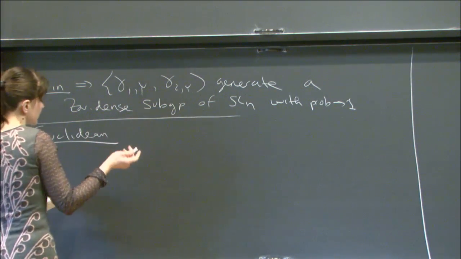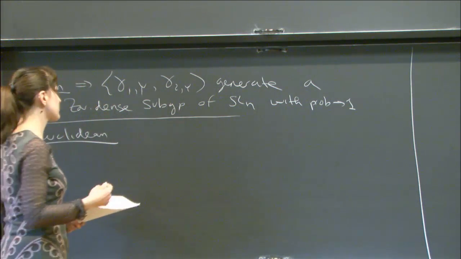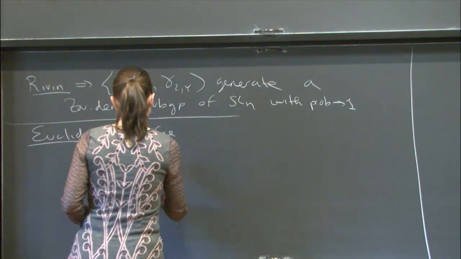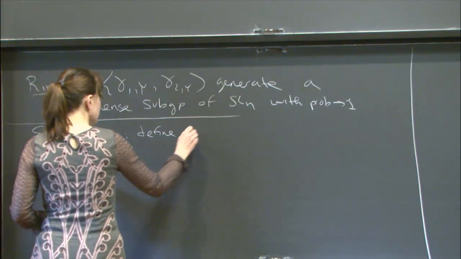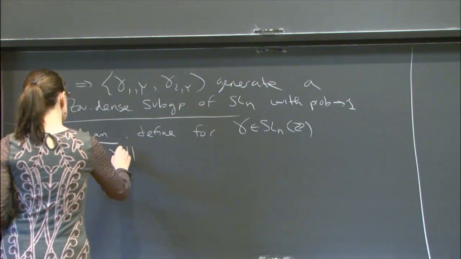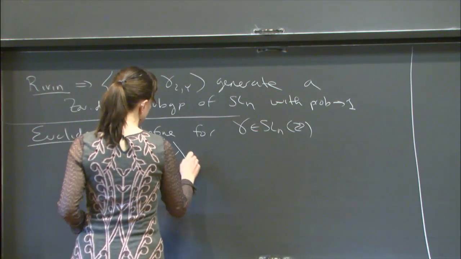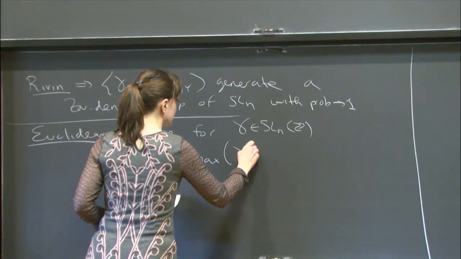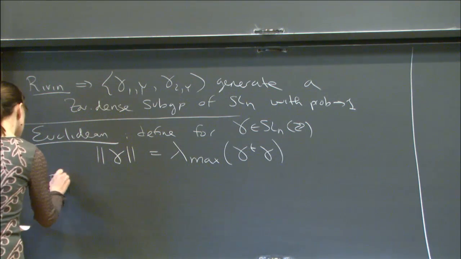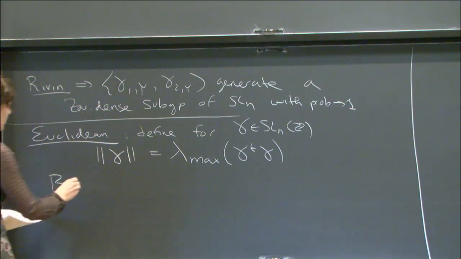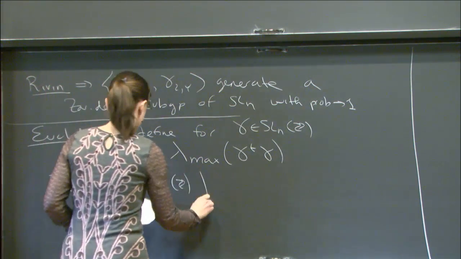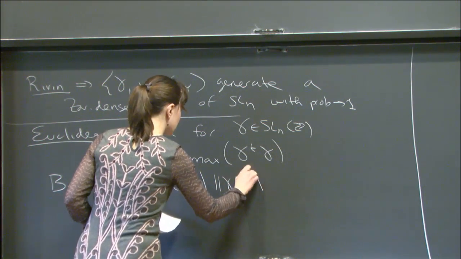Basically what you do is you define some Euclidean norm on SL_n(Z). You can take many norms and be okay, but we define the following norm. For gamma in SL_n(Z), the norm of gamma is going to be the largest eigenvalue of gamma transpose gamma, so the largest singular value. I'll call B_y the ball of radius y with this norm, those gamma in SL_n(Z) such that the norm of gamma is less than y.